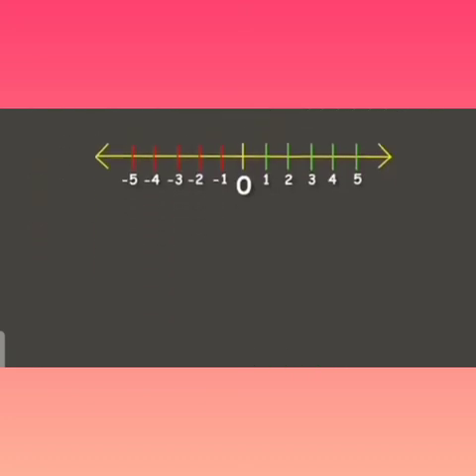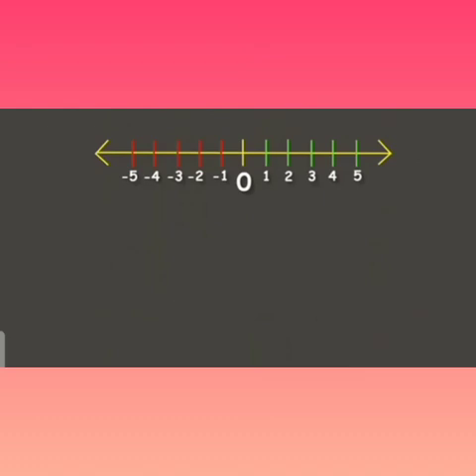Let's have another example. This time we have positive 2 minus positive 3. As you can see, the minuend here is smaller than the subtrahend. But let us try to answer this using our number line. We have the minuend positive 2 minus the subtrahend positive 3.